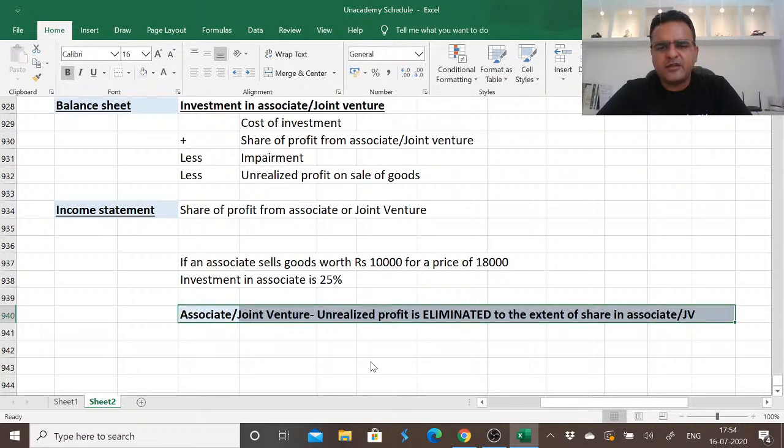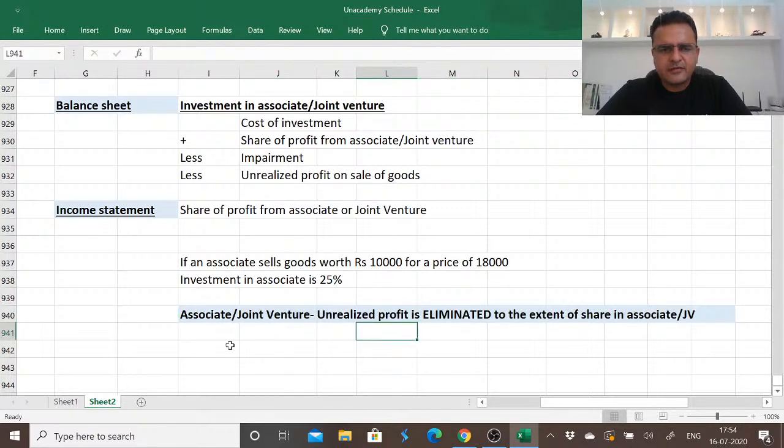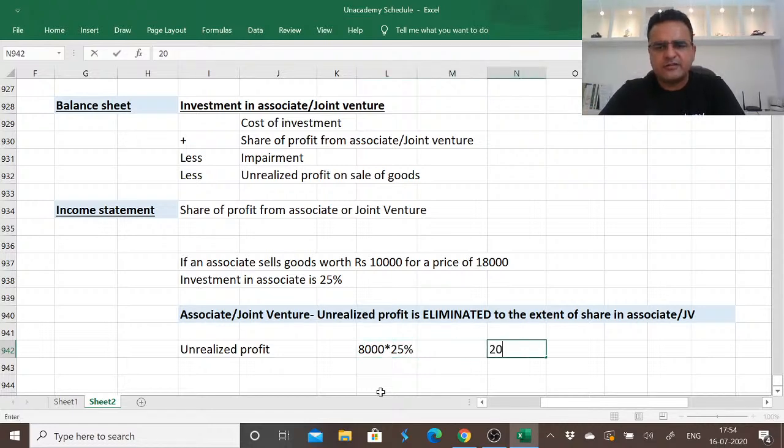So how much is unrealized profit in this scenario? If I believe that all the goods remain in inventory, so 8,000 is the profit, out of which 25%, to the extent of share, that is 2,000, is unrealized profit.